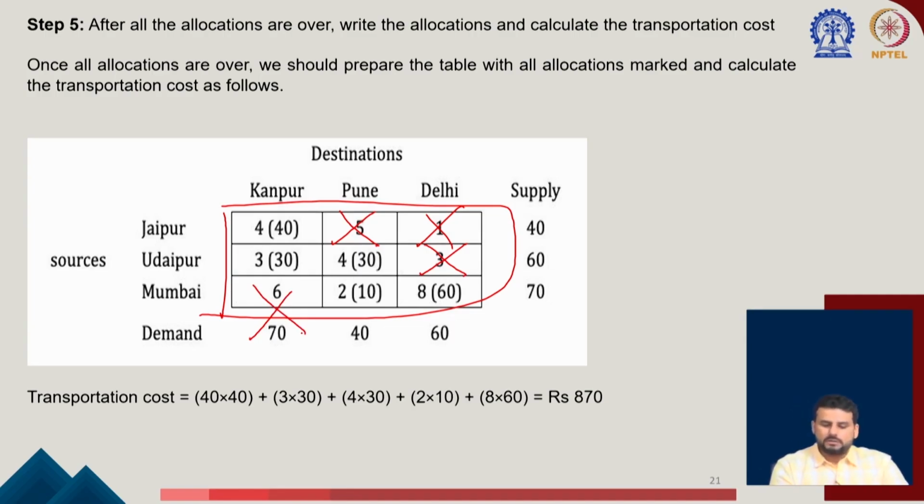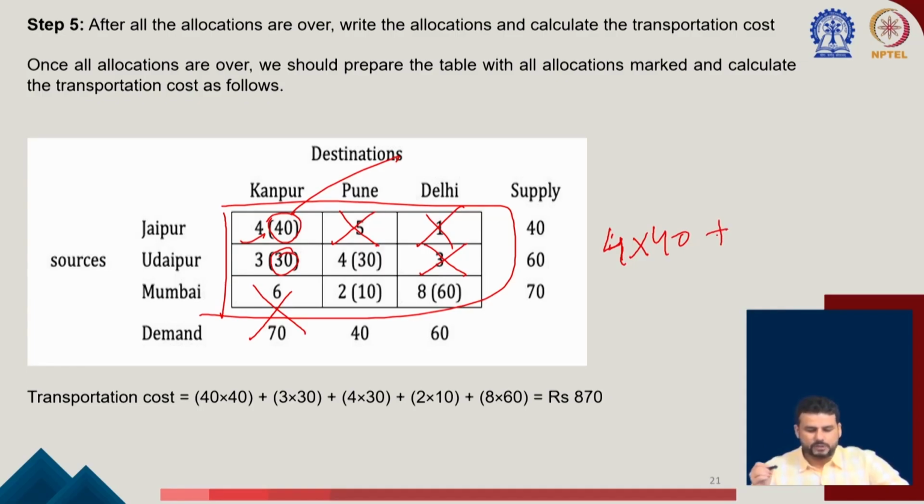So now these units we have already decided and per unit cost we know, and if I ask you to calculate the total cost, obviously from Jaipur to Kanpur per unit cost is 4, you are transporting 40 units, so 4 into 40 will be the cost of transporting Jaipur to Kanpur.